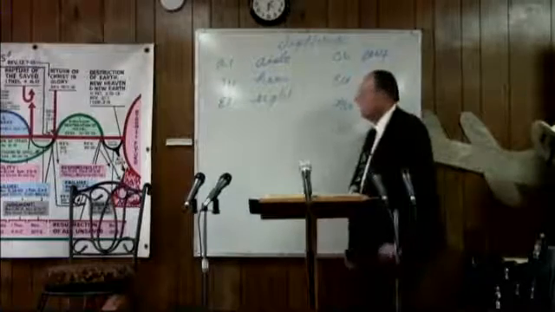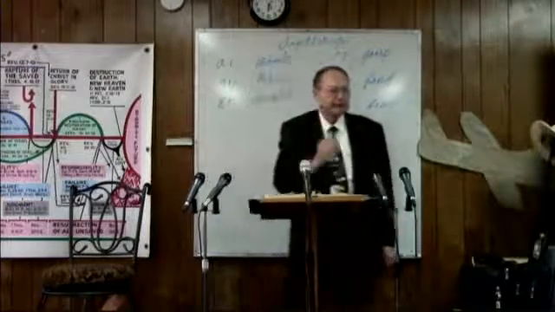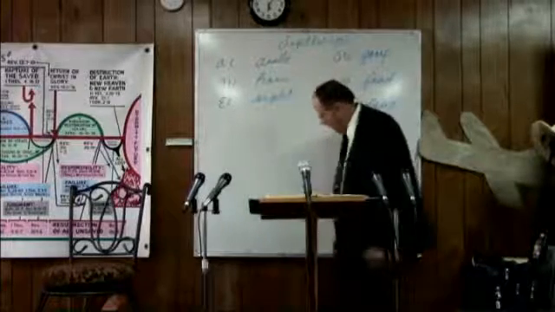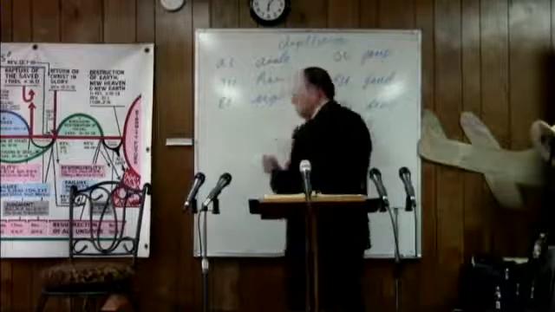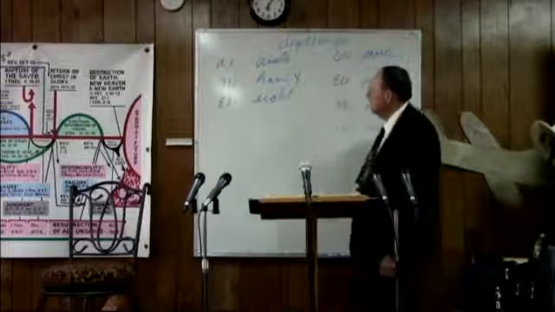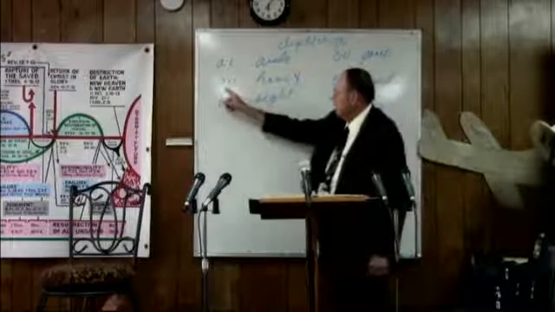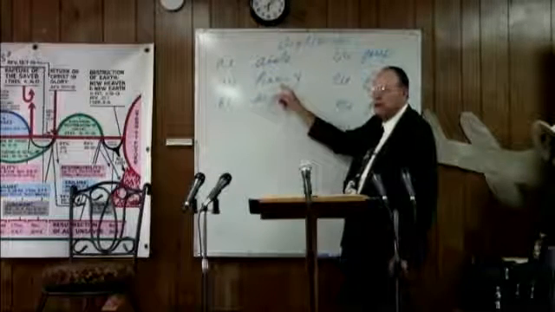Alpha ipsilon. Now that ipsilon there looks like an English U, but it's an I, and it's pronounced usually by itself like a Y. But here, as it becomes alpha epsilon, it's like Haas, German Haas.